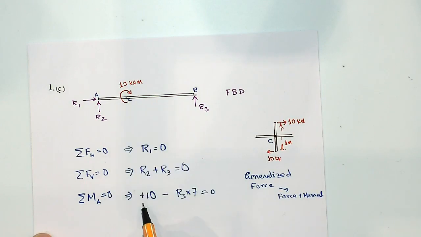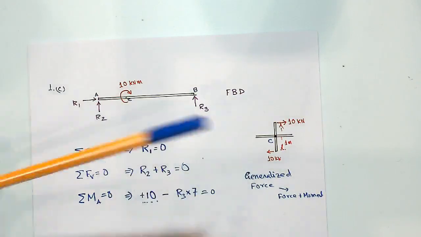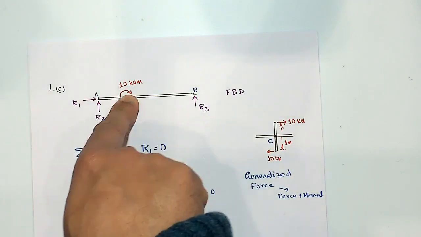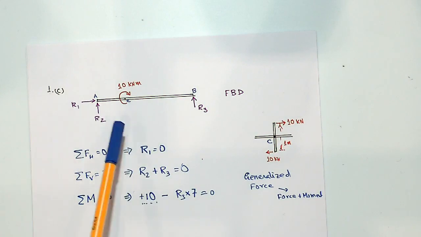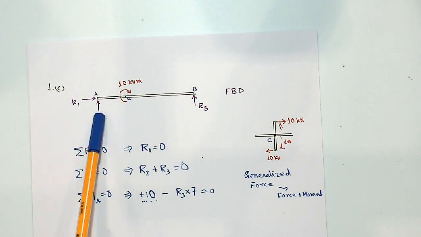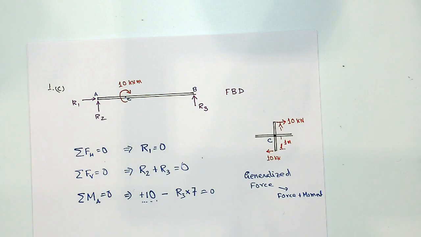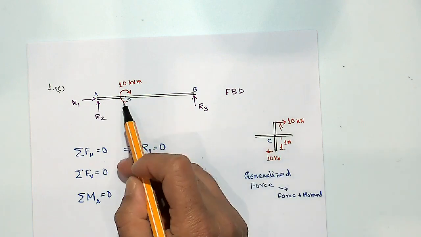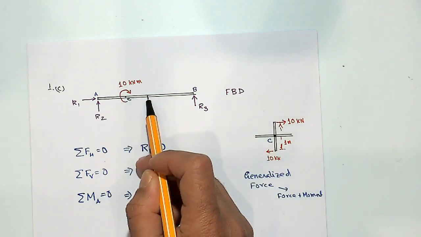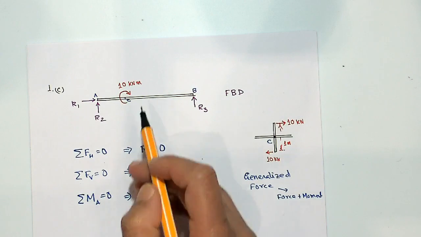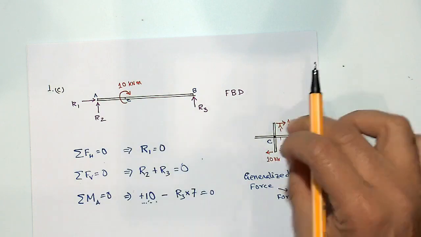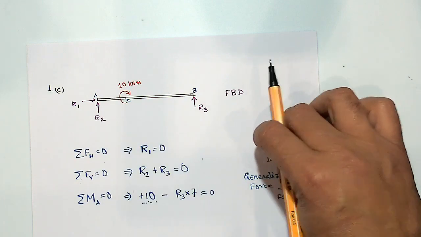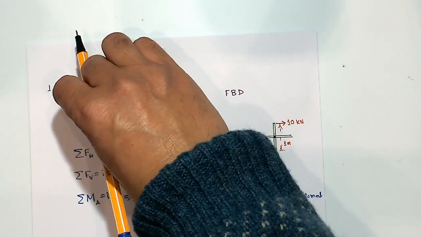Now this is the crucial bit: in the moment equations you need to add any concentrated moment, and a concentrated moment doesn't come with a distance. So if this 10 kilonewton meter moment was not at 2 meters but at the midpoint, still this would be 10, because that's the moment itself. You don't need to multiply a moment with a distance, because that value is already a moment acting at that point.